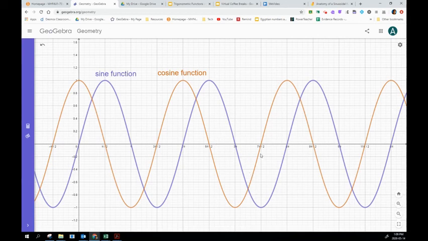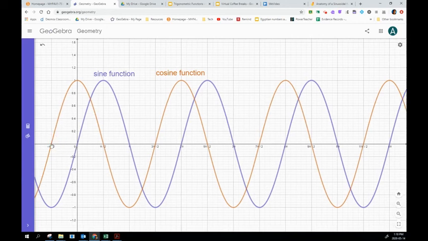So we can think of these functions as being able to express one as the other just by a transformation. So if I had the basic sine function and did a horizontal phase shift of pi over 2 units to the left, excuse me, sorry, pi over 2 units to the left, it would lead the sine function to move here, and then it would look like a cosine.